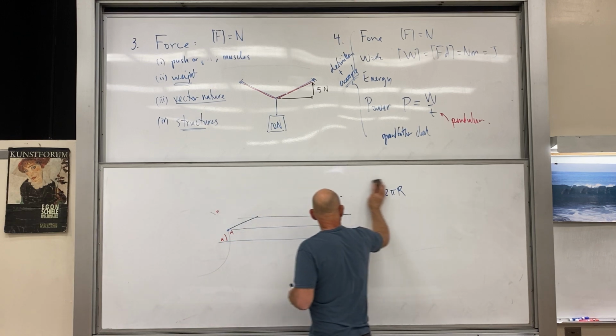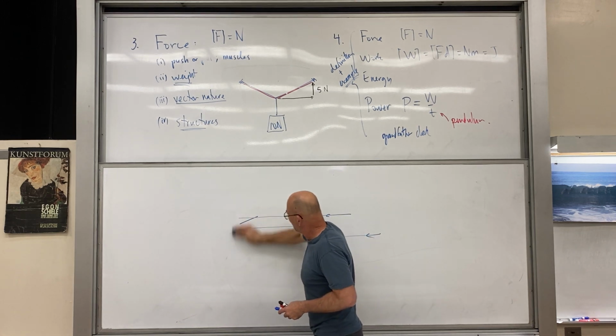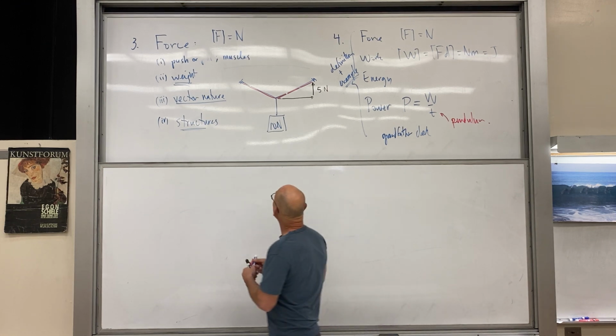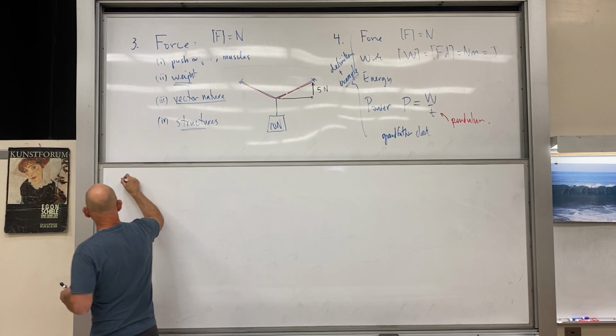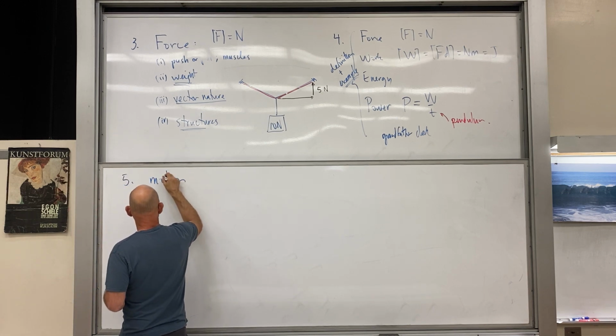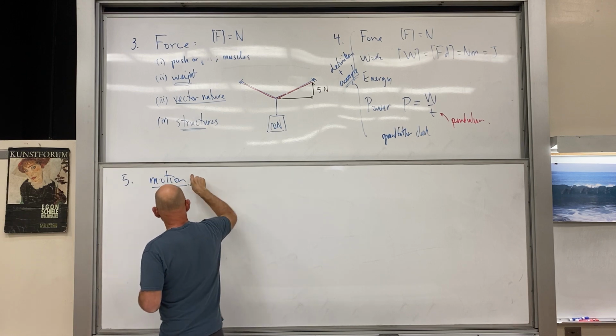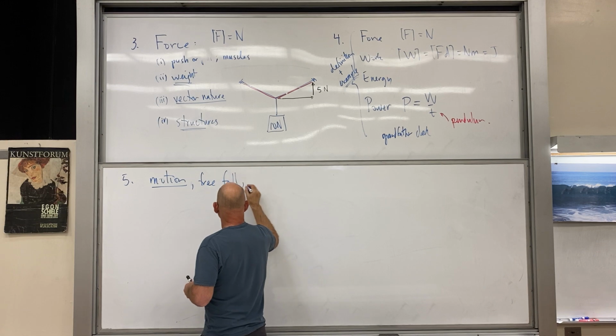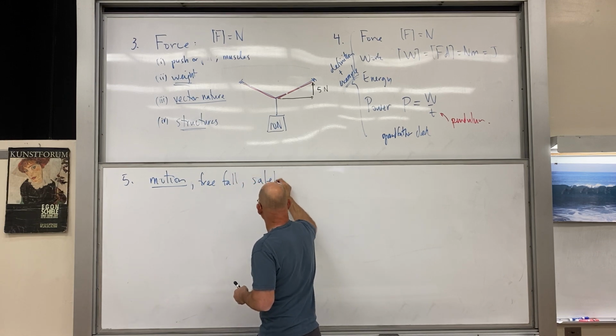So let me go ahead and write that down and tell you what I want you to be able to deliver. This one is central, still numbering things, yes, 5. So motion, free fall, satellite orbits.